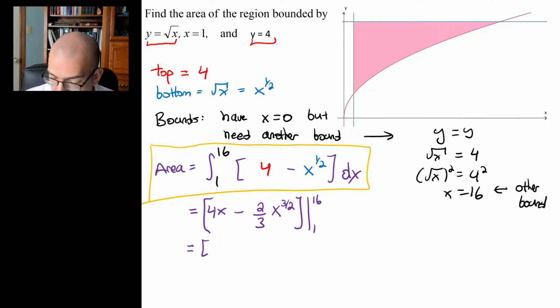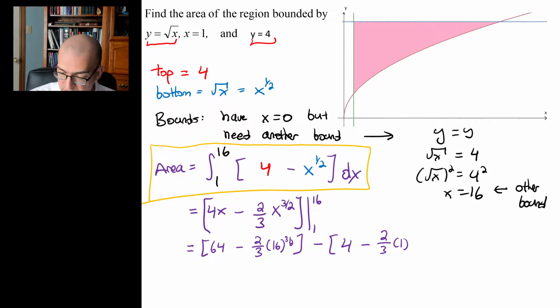So we plug in the top number, 4 times 16, 64, minus, plug in the top number in the second piece, 2/3 times 16 to the 3 over 2. I'll simplify that in a separate step, and then plug in the bottom bound, 4 times 1, minus 2/3 times 1 to the 3 over 2.